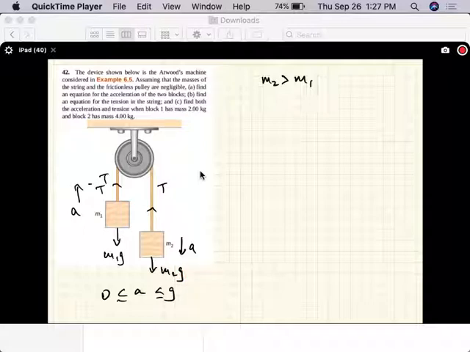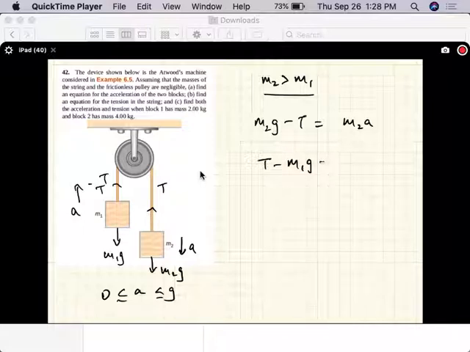It doesn't matter what you do, and for a different object, you can assume a different axis, so for M1 we'll assume the upward direction to be positive. The equation for M2 is M2g minus T equals M2a. And for M1, it's T minus M1g equals M1a.